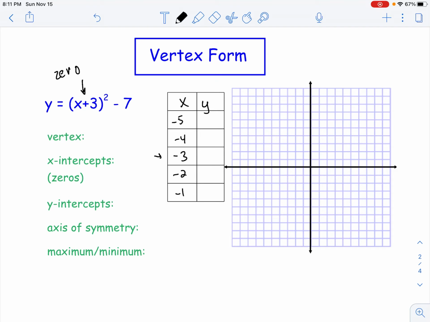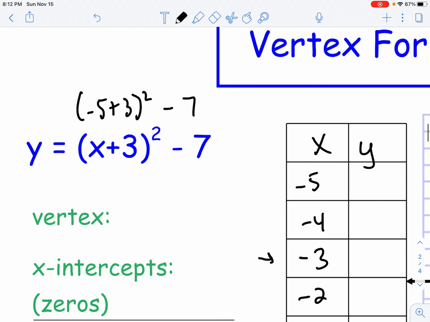Now, let's plug those in. We've got -5 plus 3, squared, minus 7. Negative 5 plus 3 is negative 2, and that would be 4 minus 7, which is negative 3.